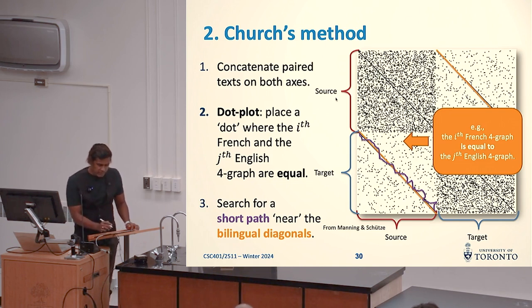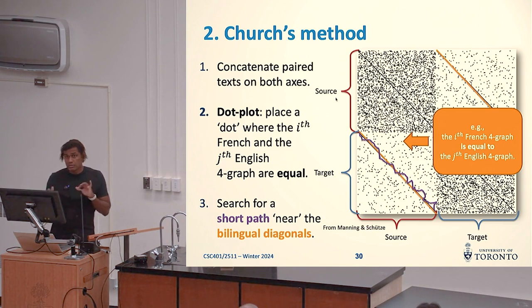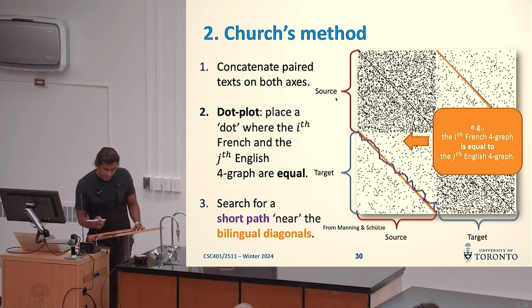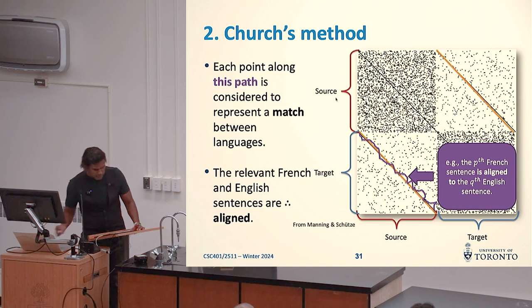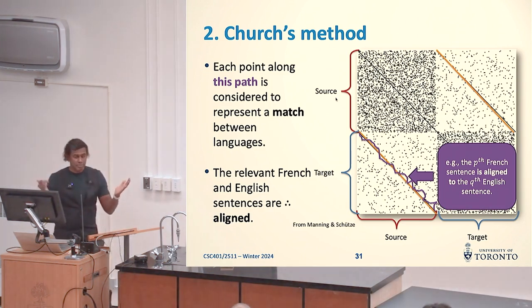So we're interested in the bottom left block and the top right block, because that's the mapping between the two different languages. And if you draw up a diagonal like this, then you can say that sentences along or near the diagonal are aligned with each other. You can translate this information into the alignment table that we talked about.